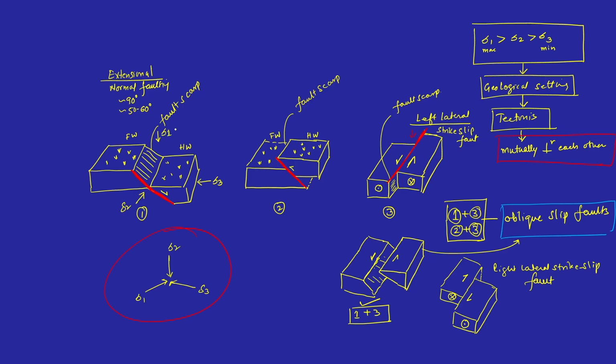Okay, so maximum will be vertical. If we put this over here, you have sigma 1 over here, then along the plane you have sigma 2, and then perpendicular to the plane where it is moving, you can say this is sigma 3.